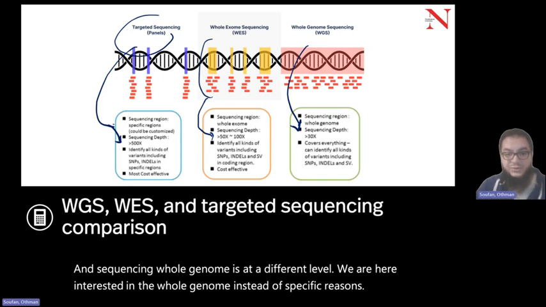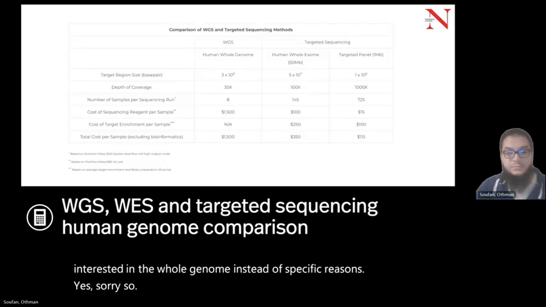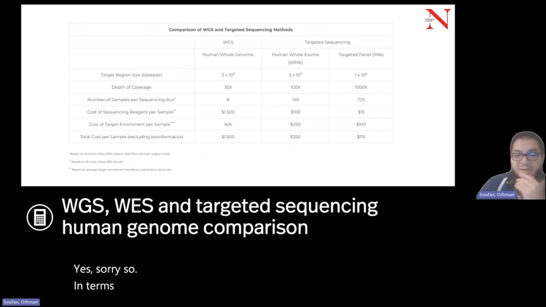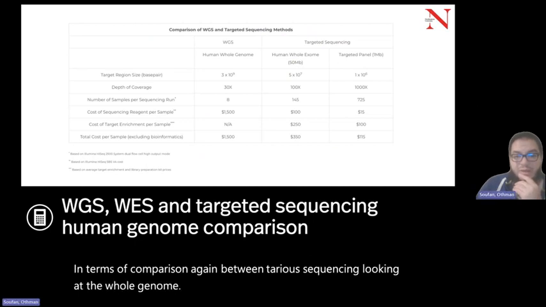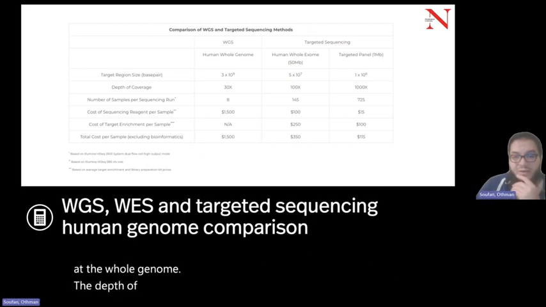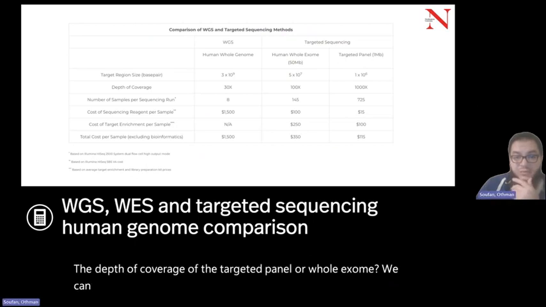So in terms of comparison, again, between targeted sequencing and looking at the whole genome, the depth of coverage of the targeted panel or whole exome, we can reach up to 1,000 times.